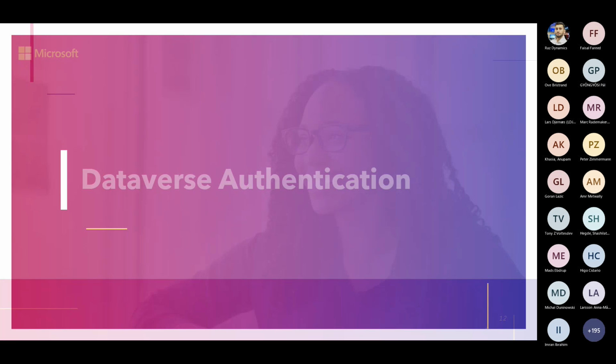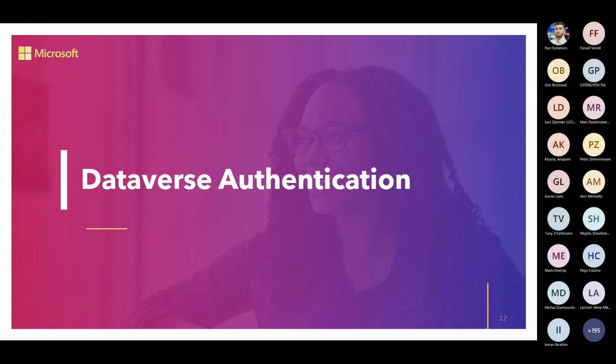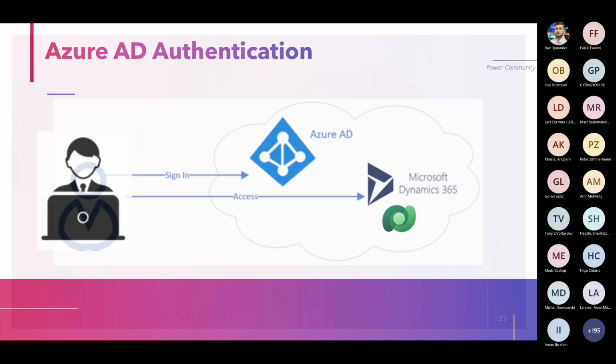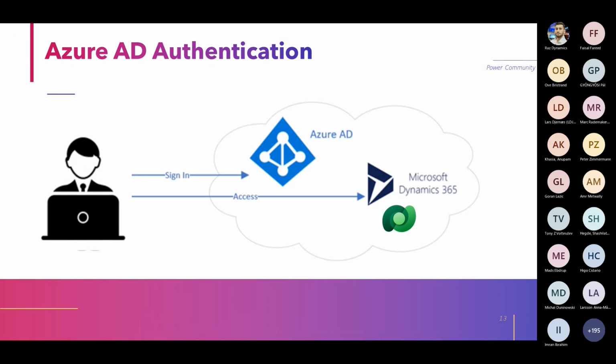All right. So first of all, we discuss authentication, how authentication of Microsoft Dataverse works and what the different types of authentication are. The first type, which is quite common and that we all are using, is Azure AD Authentication. If I have to access any application, whether it's Dynamics 365, a Canvas app, Power Automate, any application under the umbrella of Microsoft 365, then I need to have Azure AD Authentication.